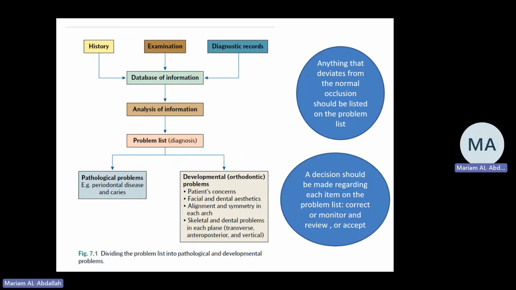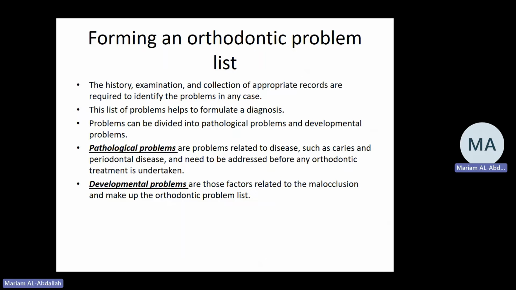So I can accept, treat, monitor, or review these features. So each problem on my problem list, I have to make a decision. This means that I'm trying to prioritize my problem list and reach my treatment aims. After I reach my treatment aims, then I can define and I can formulate my treatment plan.